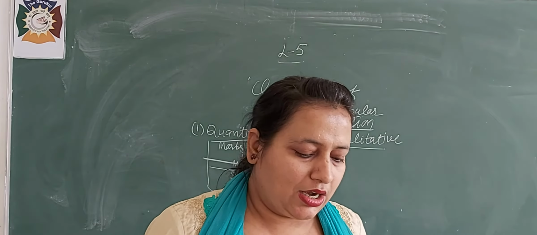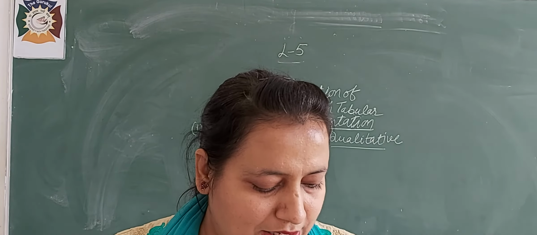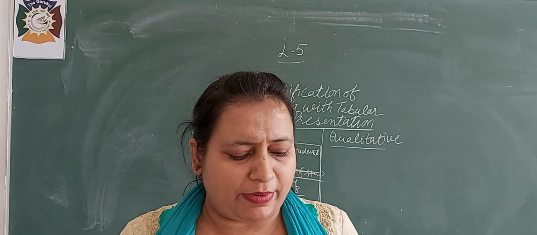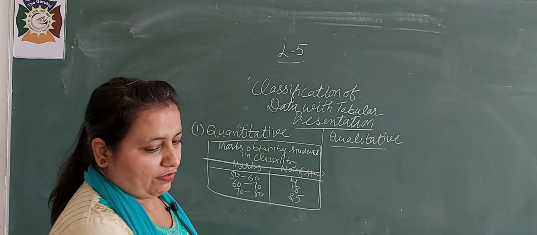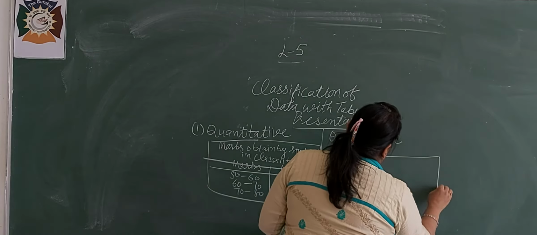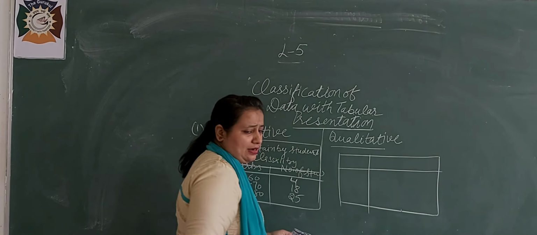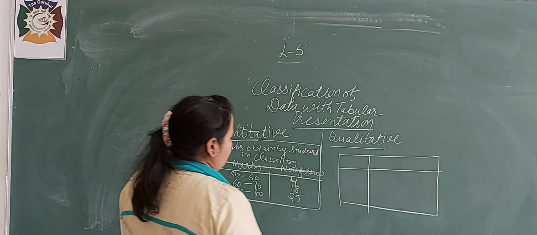Or second, I am making a table before you when data are classified on the basis of quality or attributes, like unemployment in Punjab by sex and location. So we will write over there, and you will write the data on behalf of male and female. So I am writing unemployment in Punjab.